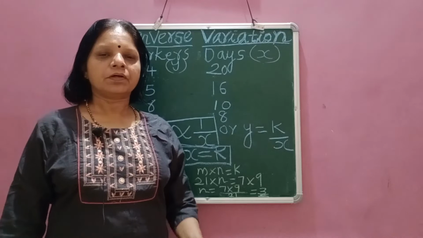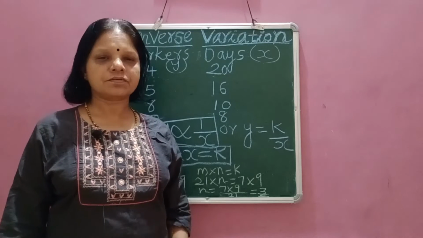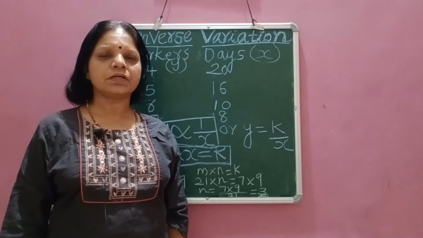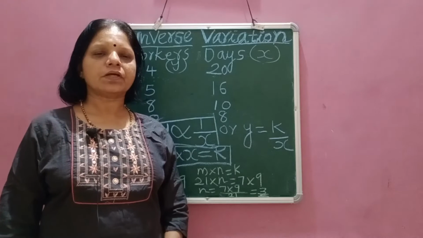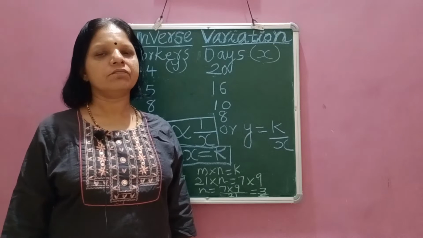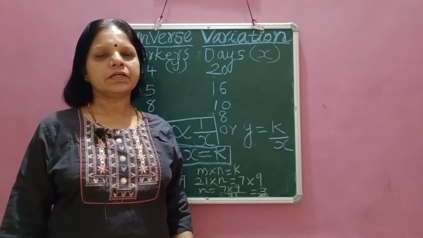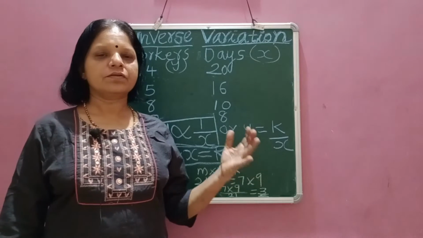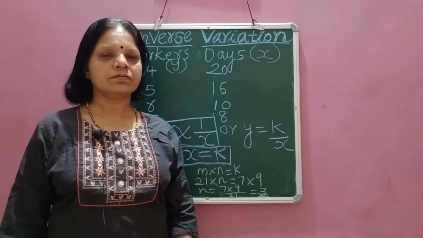For covering a particular, a definite distance, if you increase the speed, what will happen to the time taken to cover that distance? Definitely the time will be less. So when speed increases, time decreases. Or when speed decreases, time increases.